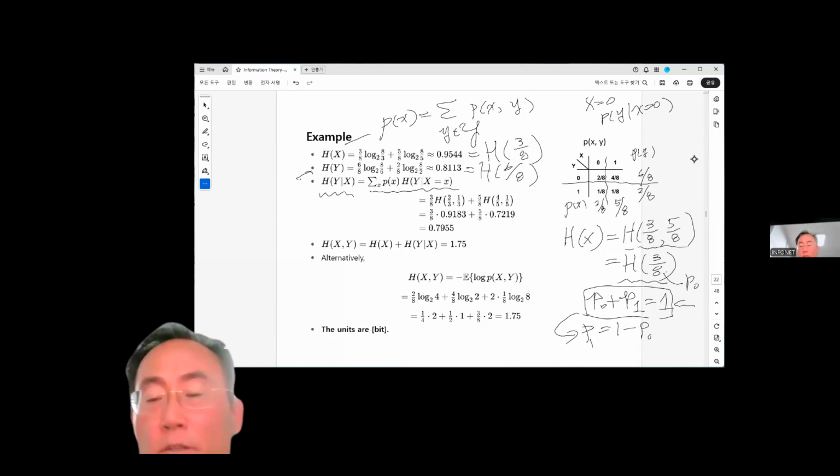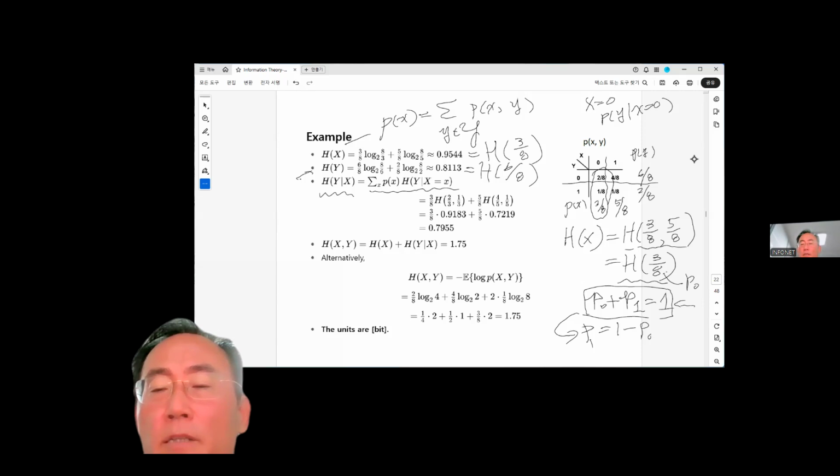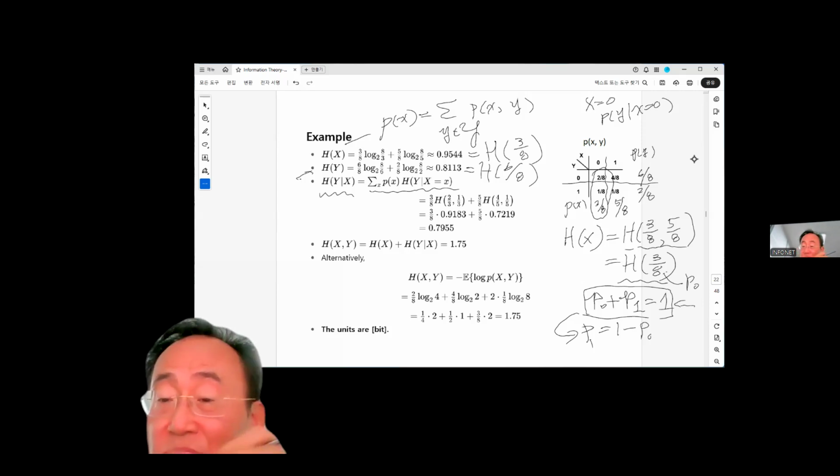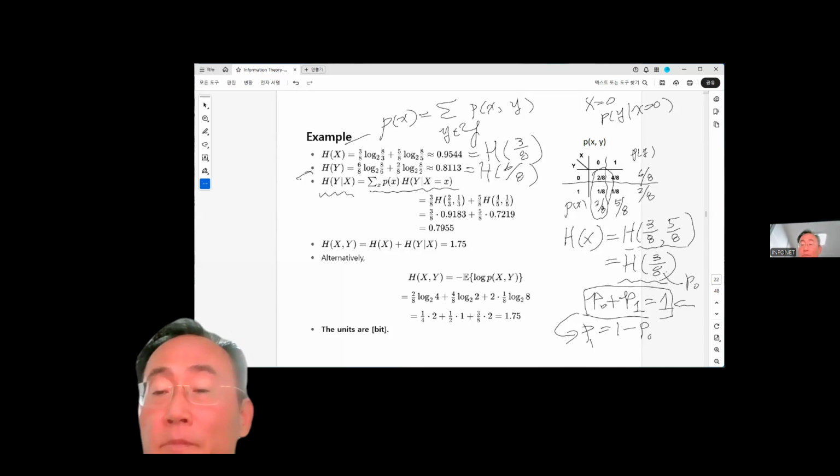What is this distribution? You have to take a look at this part, the two cases, when y is equal to 0 and y is equal to 1. That is the distribution you need to find.